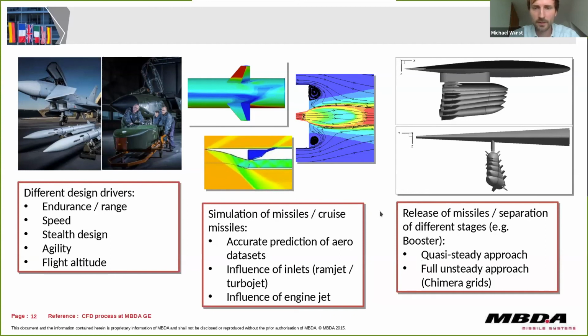In this topic, maybe we didn't do so much in the last years, but it's a coming topic if you think about these new fighter programs which are now starting in Europe, for example the FCAS fighter in Germany, France and Spain, and the Tempest fighter in the UK.